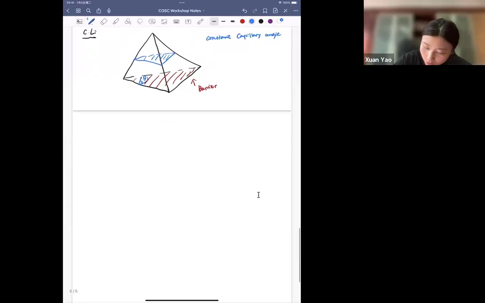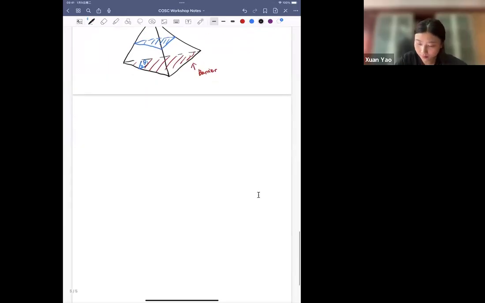So our model case is only focused on the smooth case. Our model case is basically any weakly convex and mean convex domain in Euclidean space. So this is our model, and it has no symmetry.